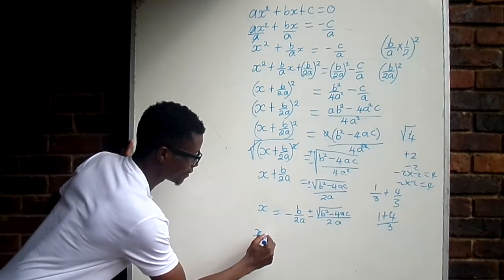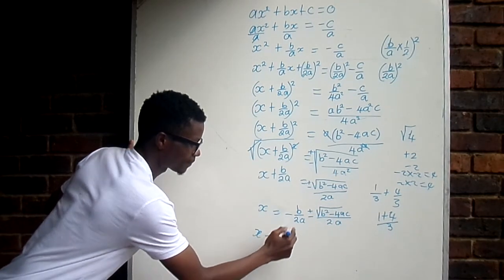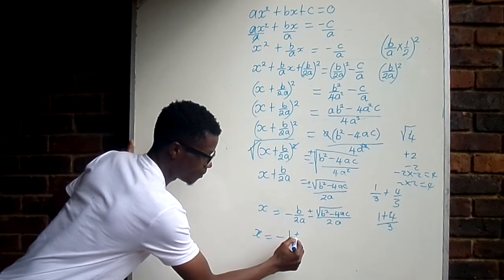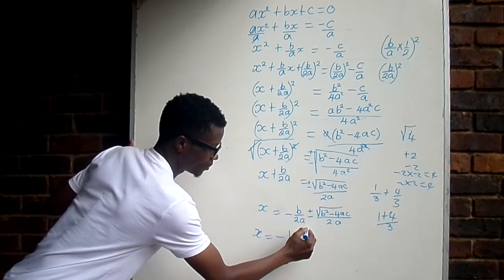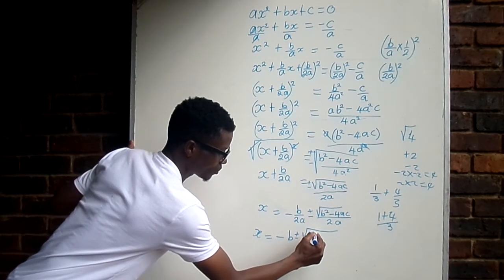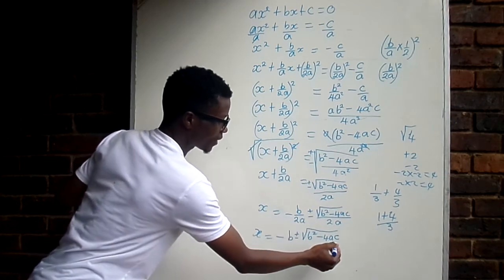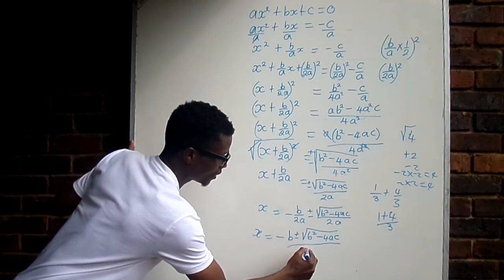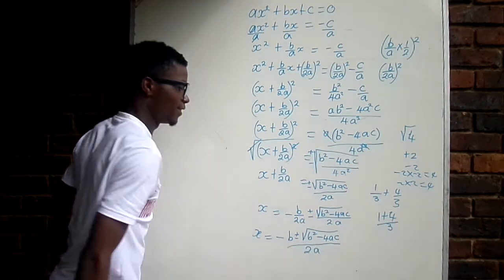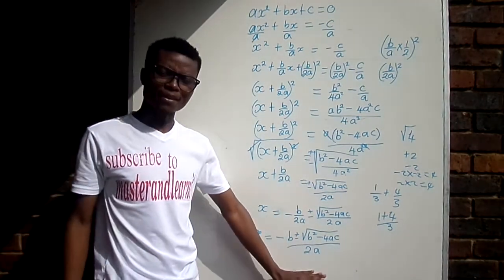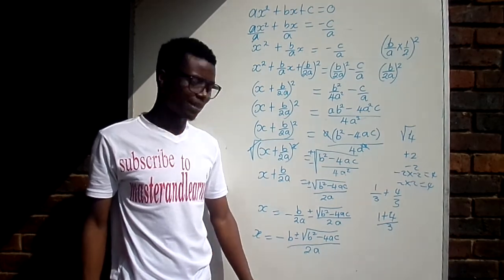So x is equal to minus b plus or minus the square root of b squared minus 4ac, and all these are written all over 2a. There you go. You would have derived your quadratic formula using completing the square.